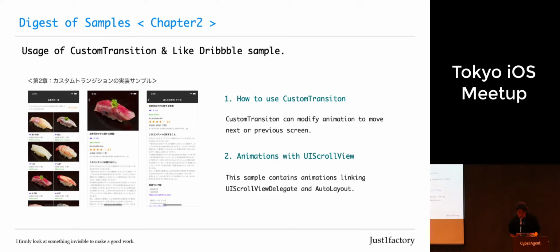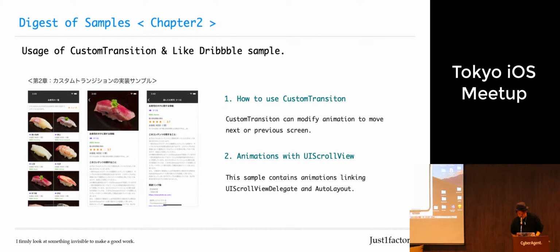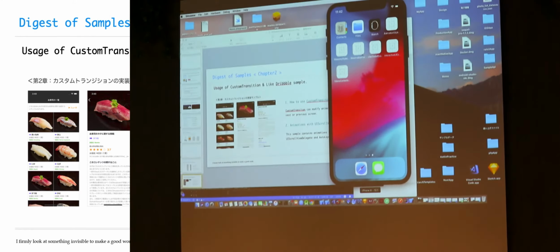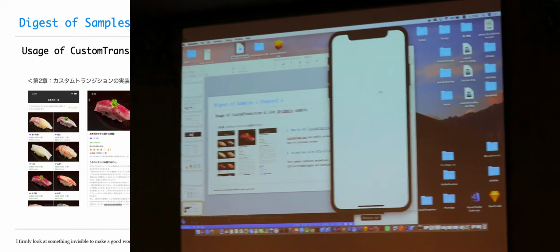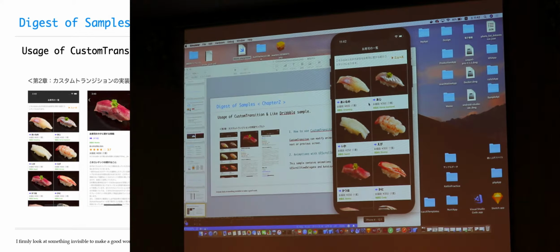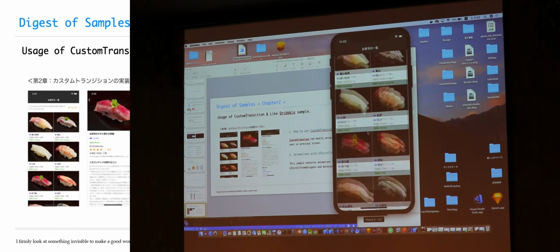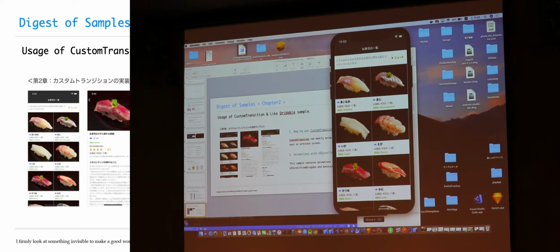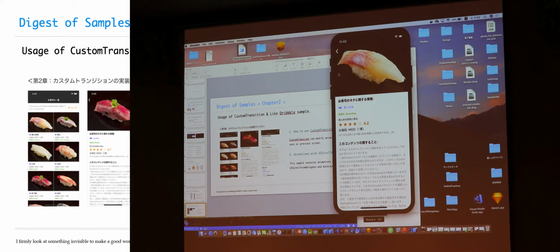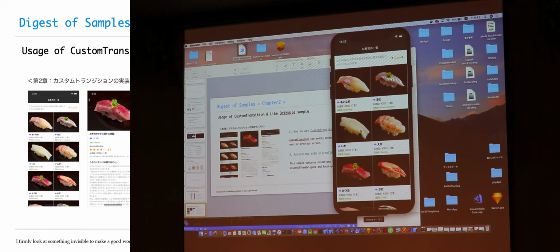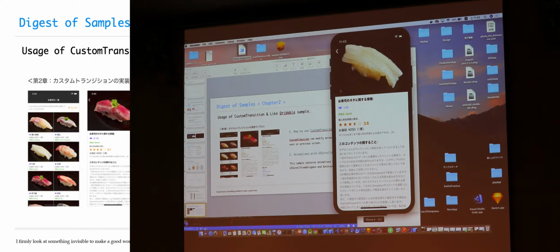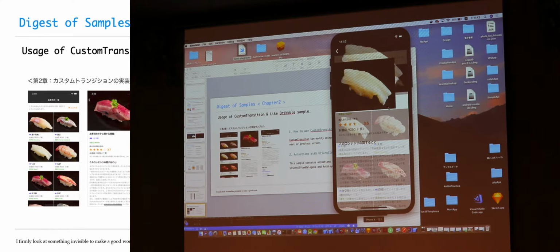So this is sample code of a user interface, UICollectionView based. The picture is sushi. This is the move animation and the dismiss transition.